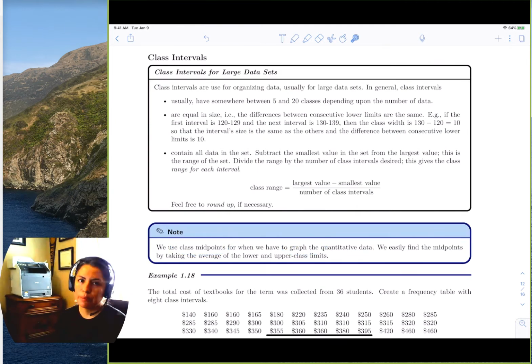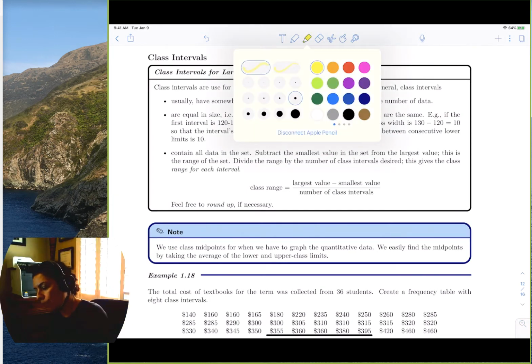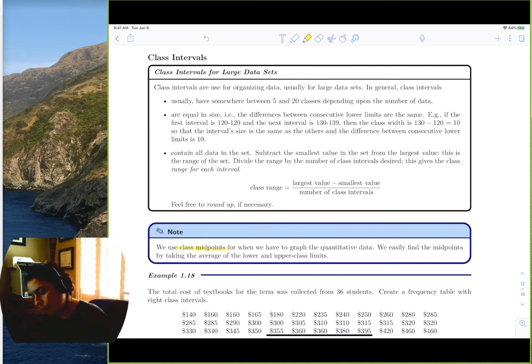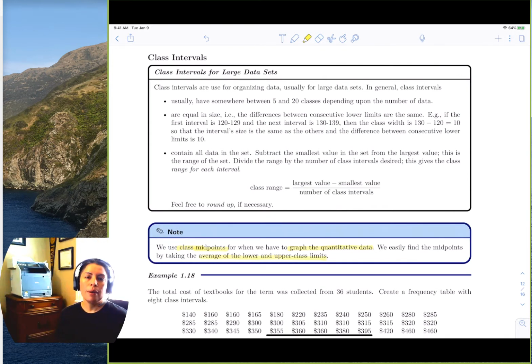We usually don't use the midpoints for anything except graphing quantitative data, and that's just taking the average of the upper and lower class limits. When we get to chapter 2 with frequency tables with class intervals, we will also have to use the midpoints, because we really can't calculate an average of an interval for a whole data set unless we take those midpoints. So we'll be doing all of that.